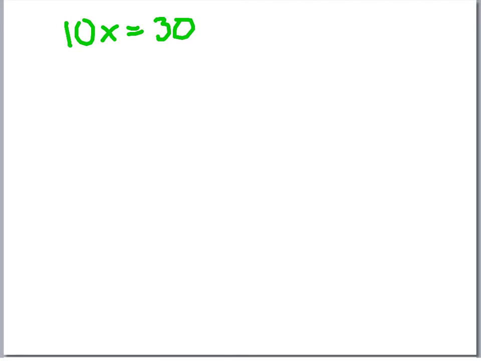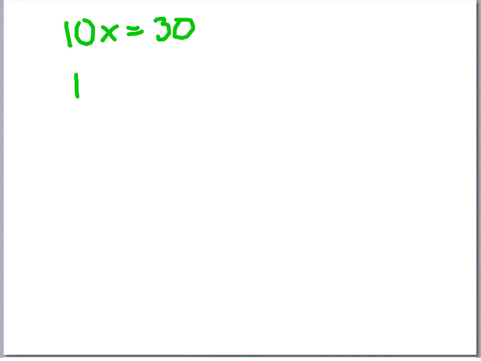So 10x equals 30. We want the x by itself. So we have 10x. That's the same as saying what? 10 x's, right? Or 10 times x equals 30. So to get rid of that 10 times x, we have to divide by 10.